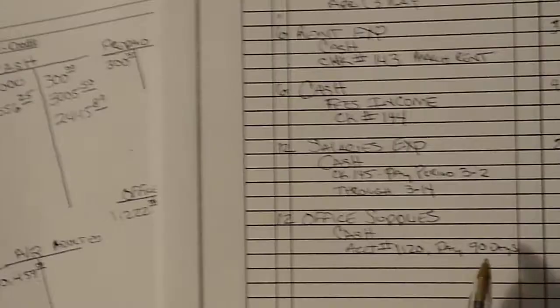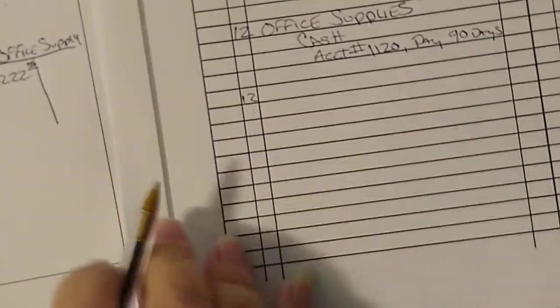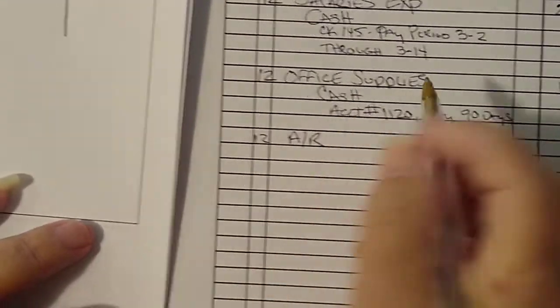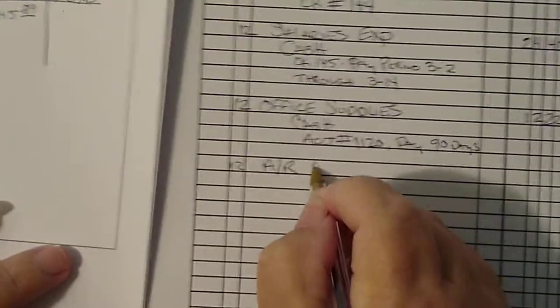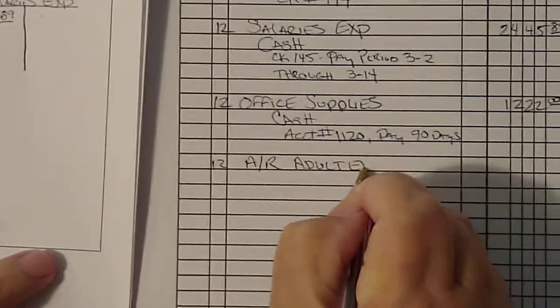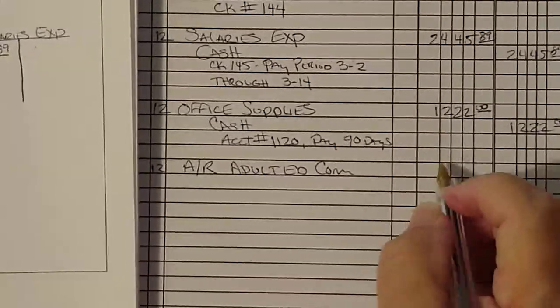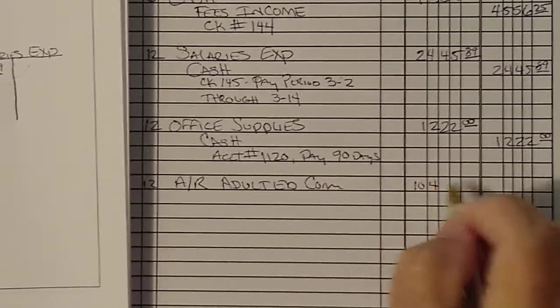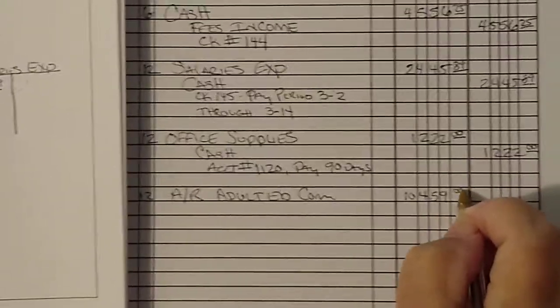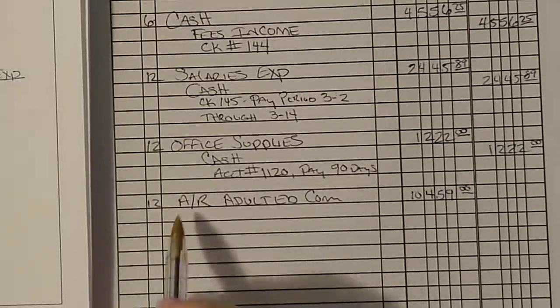Okay, go to our journal. The date was the 12th. Skip a line here. 12. The account that got debited was our accounts receivable, AR, adult ed, community, and that is for $10,459. And then what account gets credited? Well, that's our fees income.